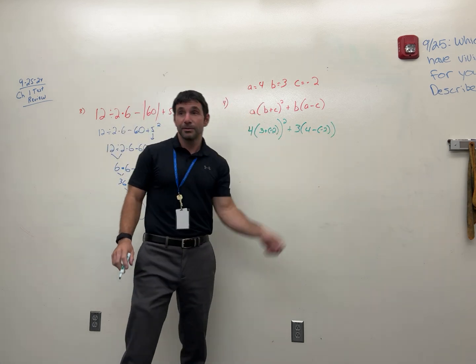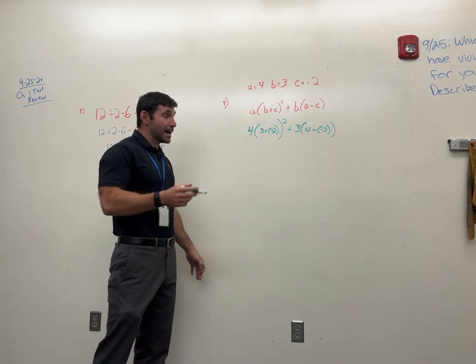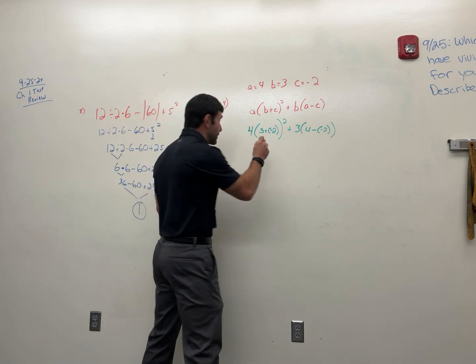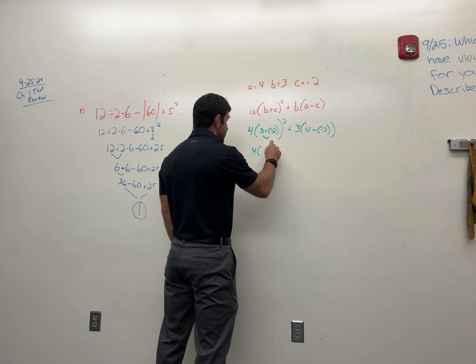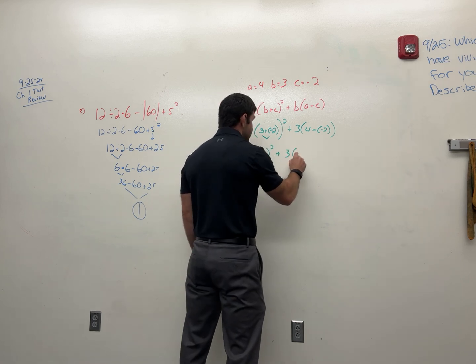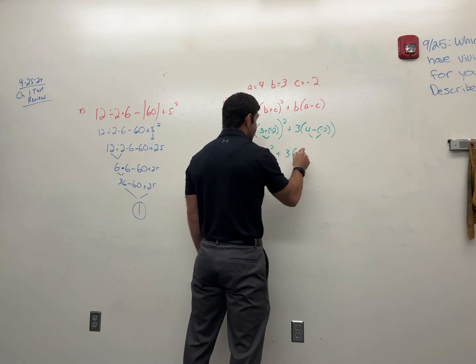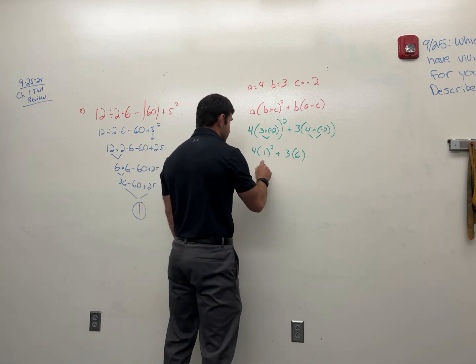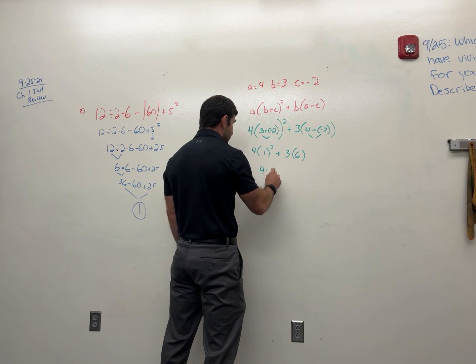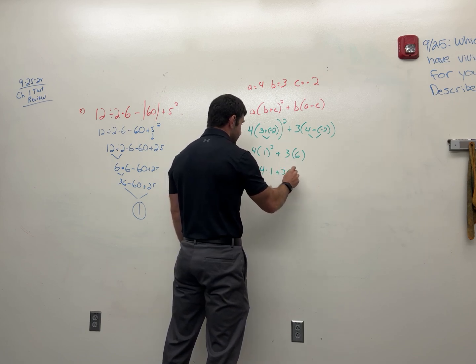Notice how I'm putting my negative 2's in parentheses, right? So now we do the grouping symbols. So now I have 3 plus negative 2 is 1 squared plus 3 times 4 minus a negative 2 is 6. Now exponents. So that becomes 4 times 1 plus 3 times 6.